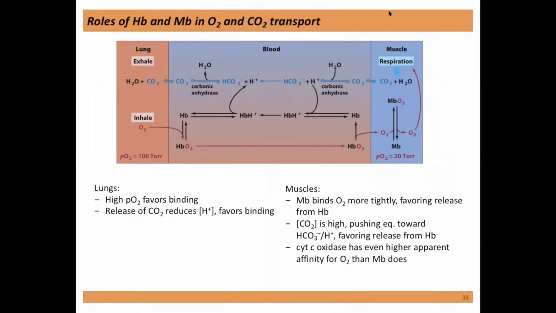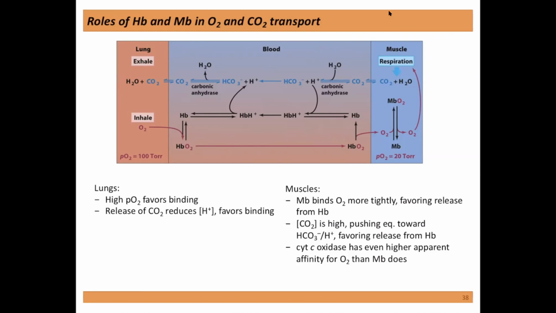I told you that we would talk about myoglobin and its role in O2 transport. And so in our muscles, deep, far away from our lungs, we have myoglobin there. And it has a much higher affinity for oxygen.